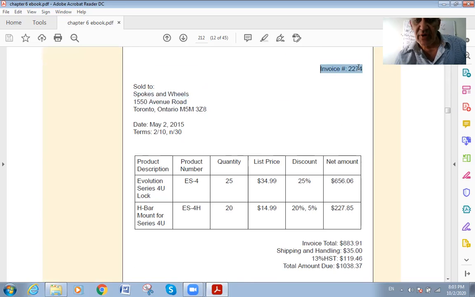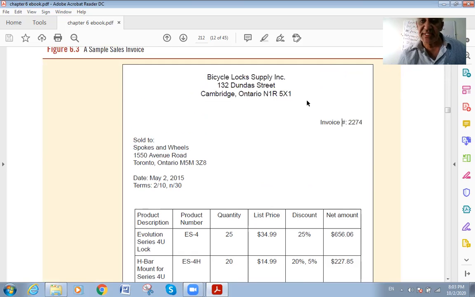This is the number of the invoice. The invoice is sent from the seller to the buyer, asking the buyer to pay the amount due.